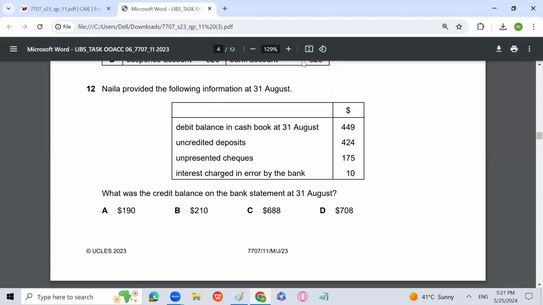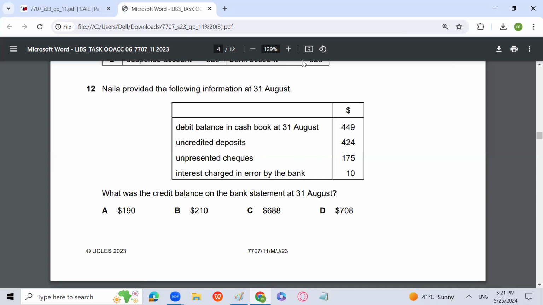So what was the credit balance on the bank statement at 31st August? Debit balance in the cash book, 449. So debit balance in cash book, we need to find the credit balance on the bank statement at 31st August. It is a debit balance, so unpresented checks will be added. Uncredited deposits is going to be subtracted.